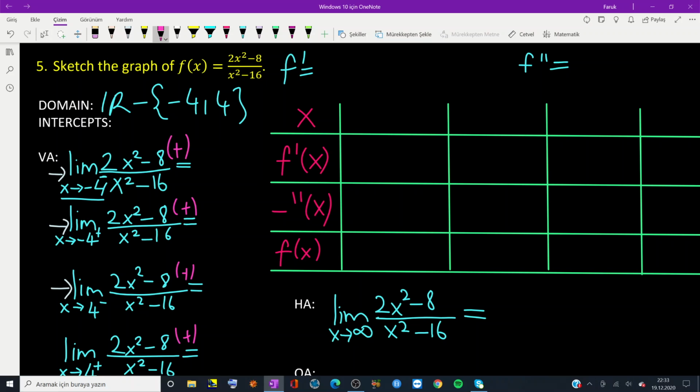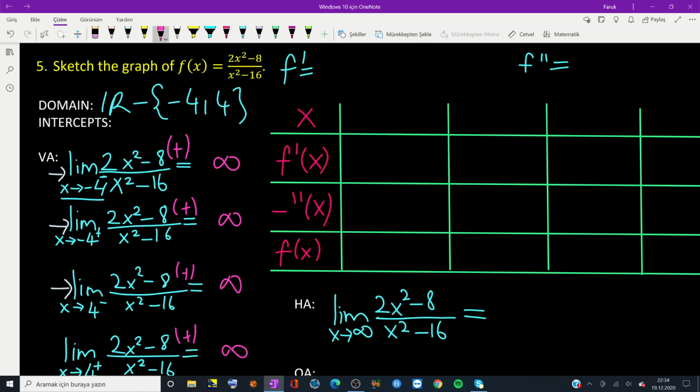Okay. What about the sign of denominator? So all these results are infinity, since all these points minus 4 and 4 make denominator 0. So this limit is infinity.